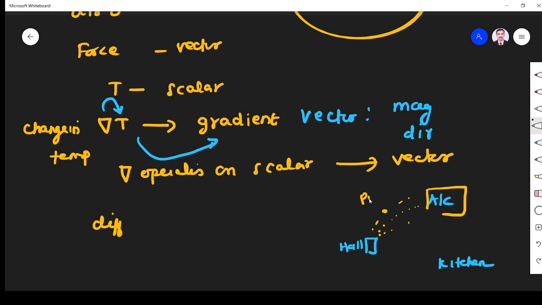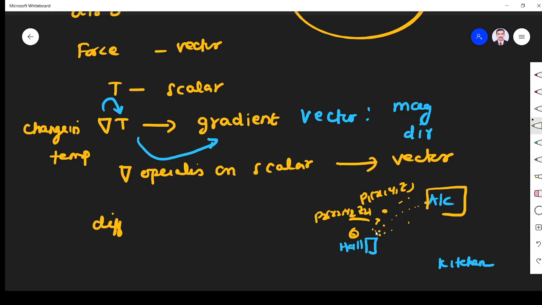If this point is P1 (X, Y, Z) and this is P2 (X2, Y2, Z2), then at every point it is going to change, but in the negative direction, because you are moving from a high temperature region to a low temperature. The AC room in our home will have the lowest temperature.